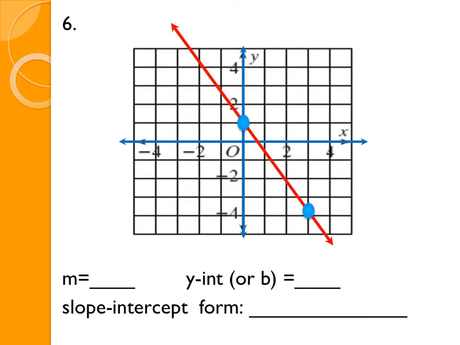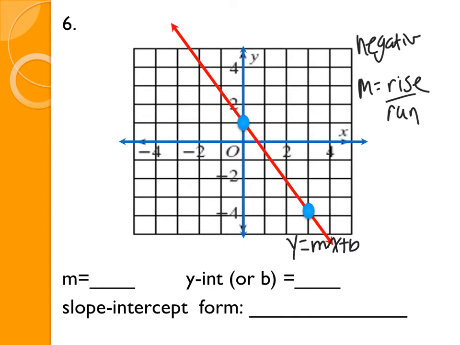Number 6. Y equals mx plus b. M equals rise over run. A negative slope. It crosses my y-axis at +1, right here. Make my slope triangle.